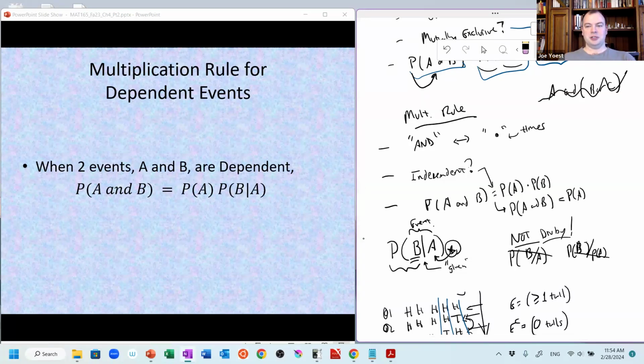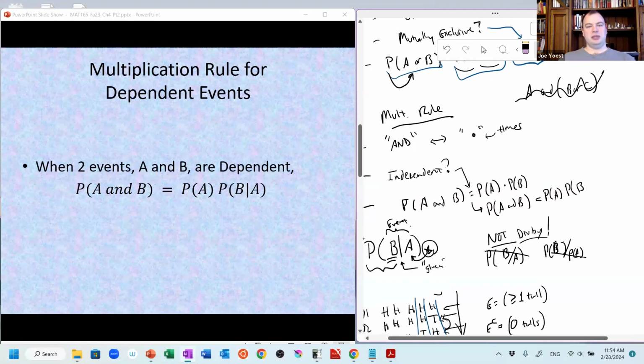The outcome must also be in event B. That, roughly speaking, happens with probability of B, but with dependent events, the probability of B is dependent on whether or not A has occurred. So we have to say probability of B given A.